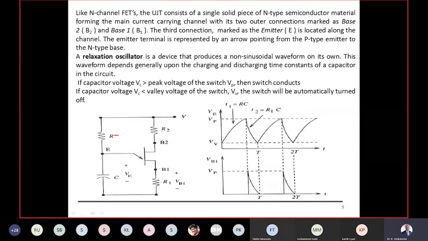Suppose I keep the resistance at a very high value. Then the capacitor voltage will increase very slowly. Somewhere it will go, then it will discharge somewhere here. Then I get the pulse somewhere here. Then my firing angle is increased, the delay is increased.